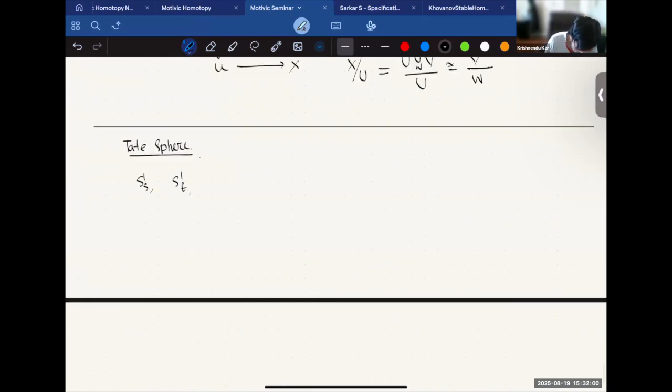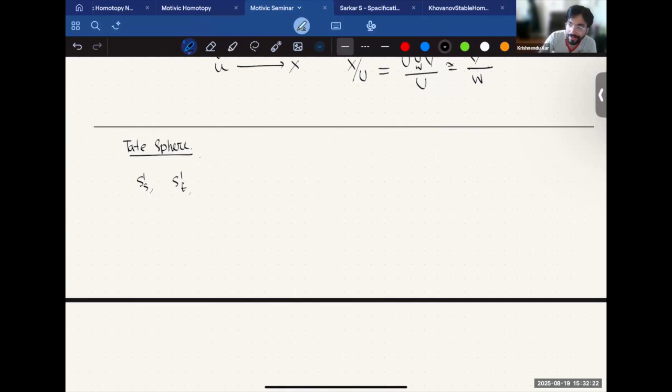If you take the suspension of your simplicial circle, you will get the two-dimensional simplicial circle. If you take the suspension of your Tate circle with respect to your Tate circle, you get the two-dimensional Tate circle.